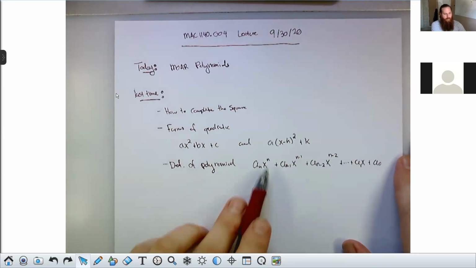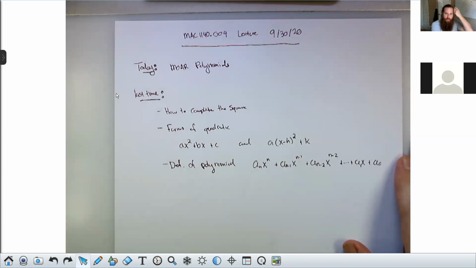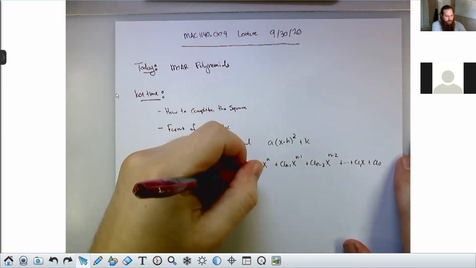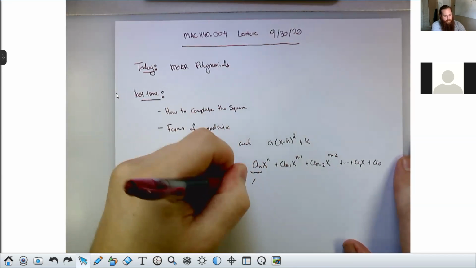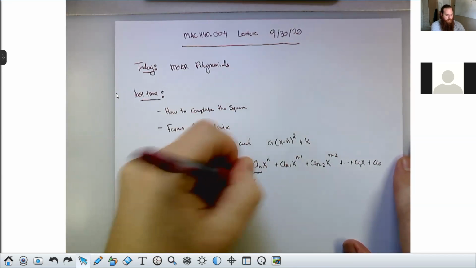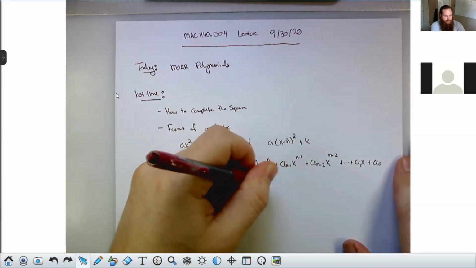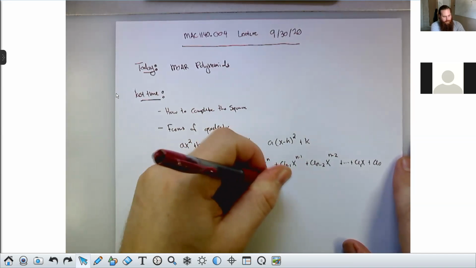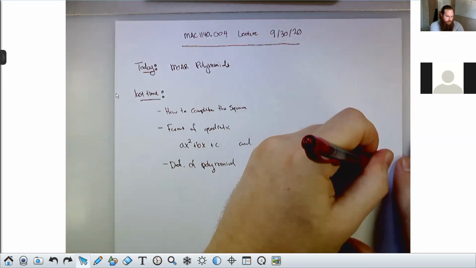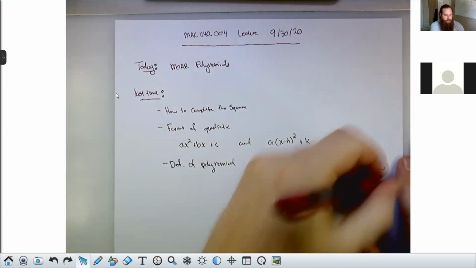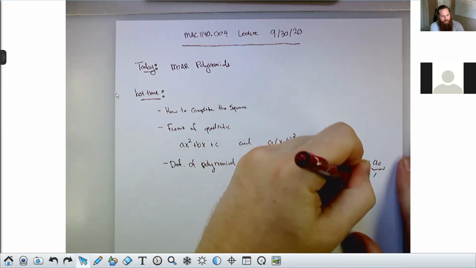Remember, the degree of a polynomial is the largest power of x that shows up in the expression. The number that is attached to x to the n is called the lead coefficient. And the term that doesn't have an x attached to it is called the constant term.